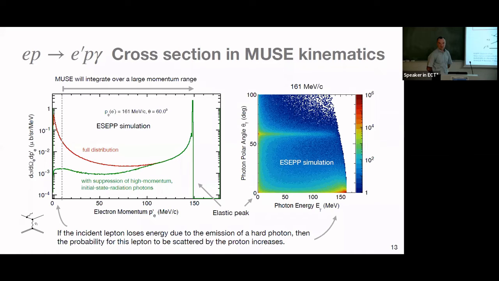These events appear there because if the electron already lost momentum because of initial state radiation, approaching the vertex, the electron energy is small and the cross-section is just higher. That is an effect which we see, and we need to ensure that we are not sensitive to this strong rise of the cross-section at low momentum.